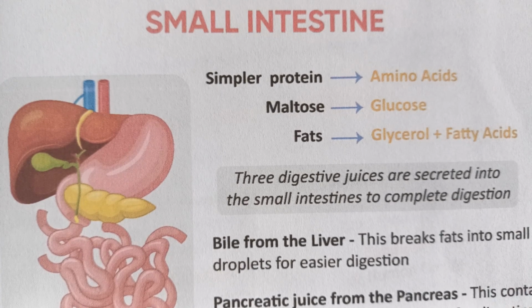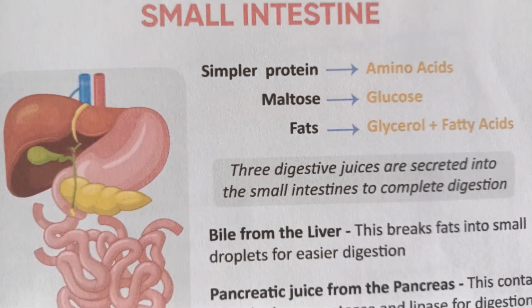Herbivores eat grass, so they need more length of small intestine, so they have a long small intestine. Whereas carnivores like tigers eat meat. The meat is easy to digest, so they need a shorter small intestine.